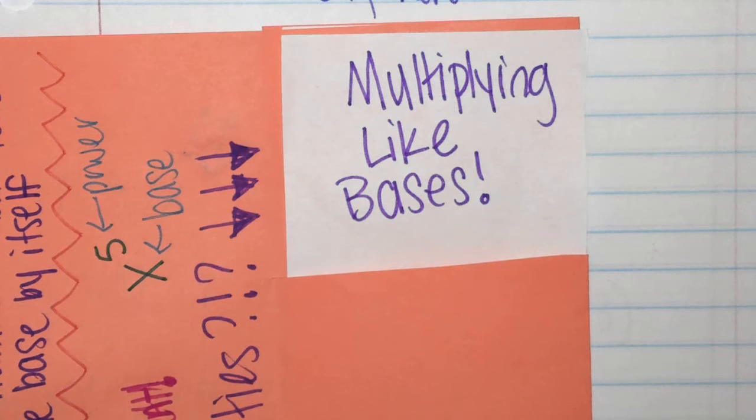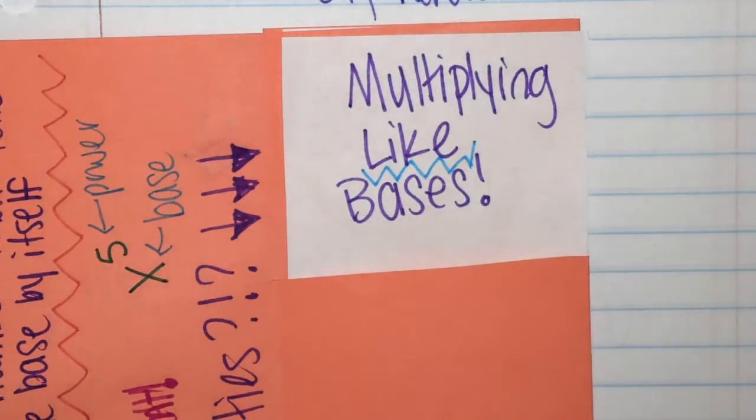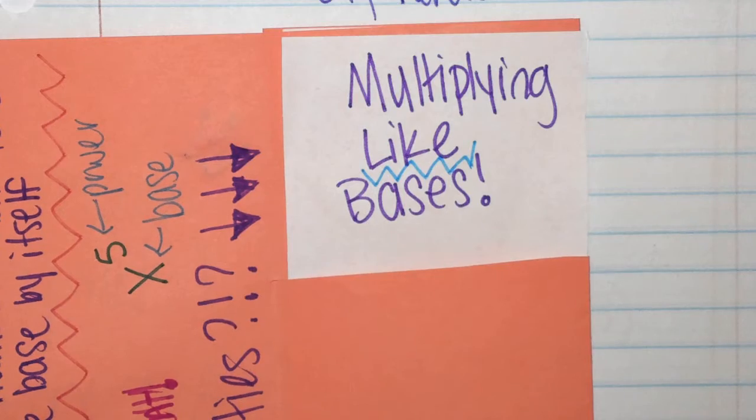Now, who can tell me what it means for them to be like bases? The same number or the same what? Variable. Take a point. So it can be the same number or the same variable.